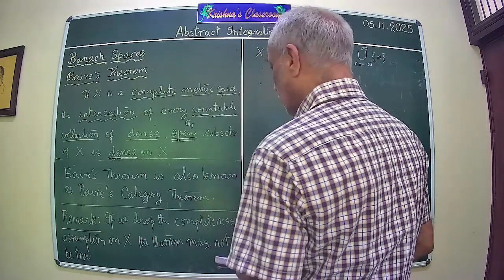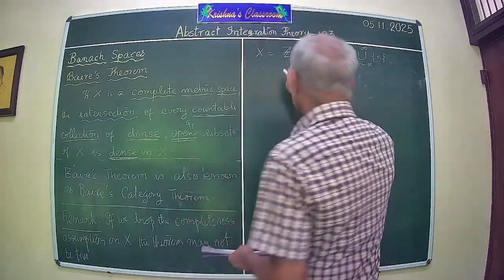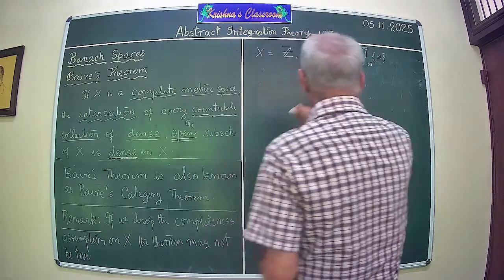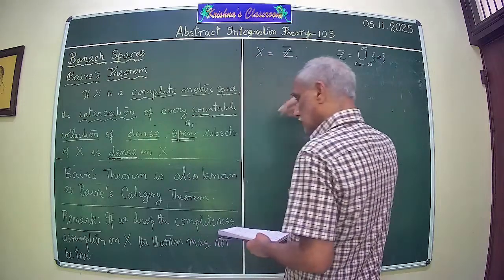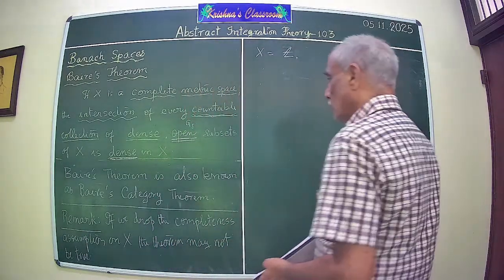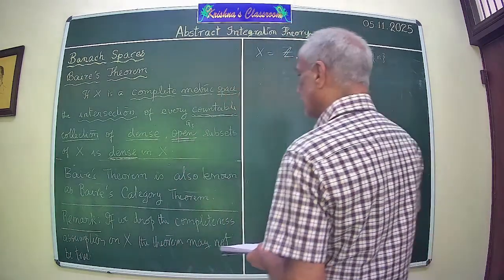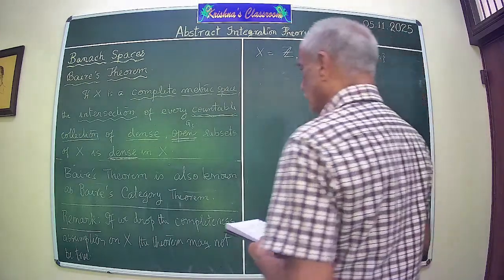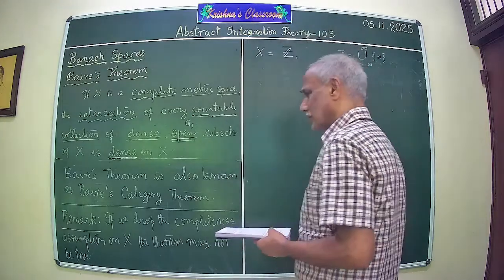Now suppose we drop this completeness assumption, because we don't have completeness of this space. Therefore, we can see that if you take a countable collection of open subsets of X, the intersection is not necessarily dense in X. Because if you take any subset, it is not dense.